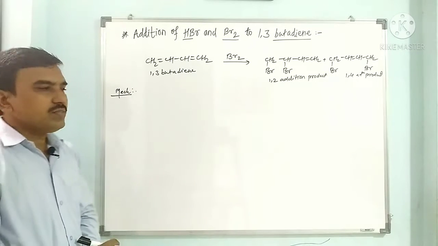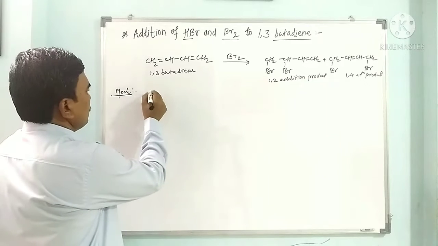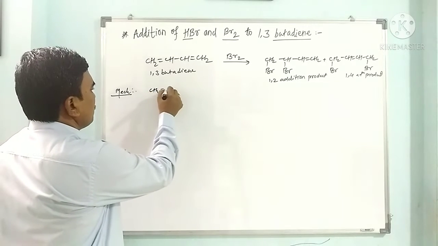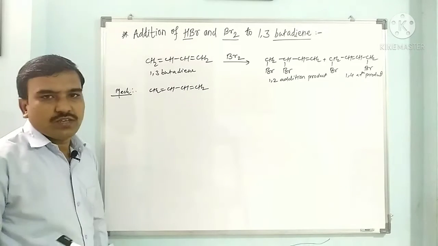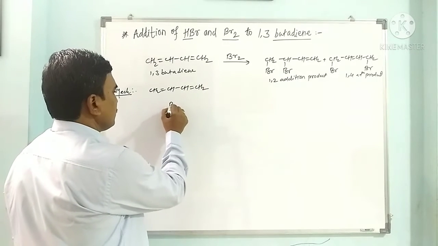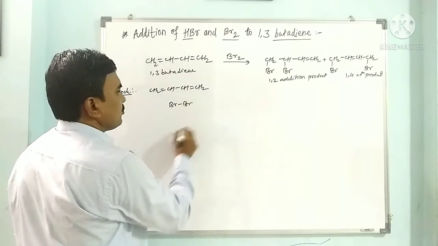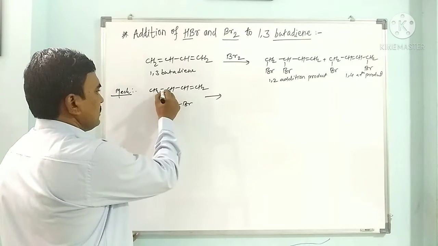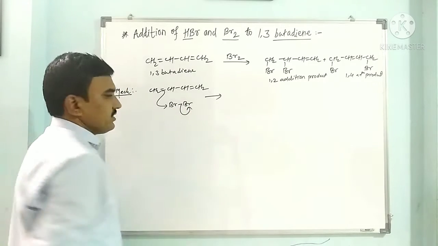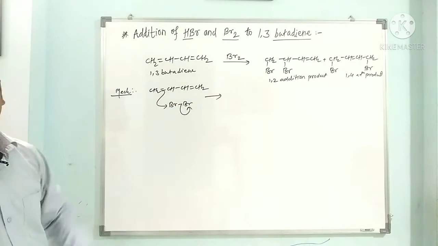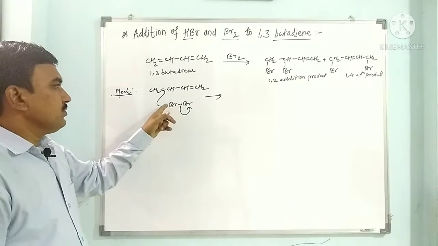If you see its mechanism, here we have CH2 double bond CH, CH double bond CH2. When it reacts with Br2, that is the bromine molecule, this pi electron pair attacks on this and the bromide detaches from this bromine.